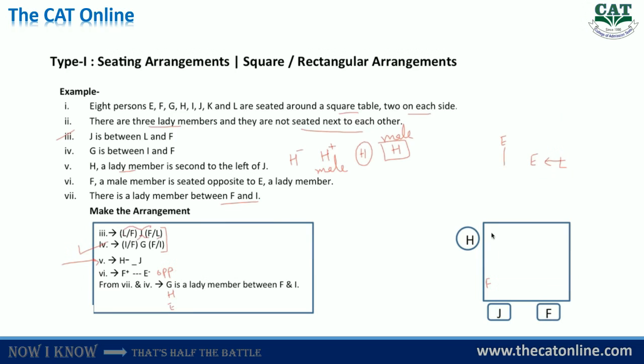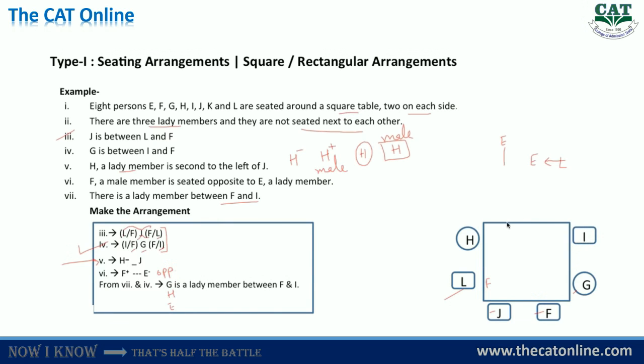This was the trickiest part of this question, the placement of F. Once F is placed, everything becomes very easy. If F is here, then G, I would be the next in line. And it would be L, J, F. So L here, J here, F here, and F, G, I over here. So I would come over here.